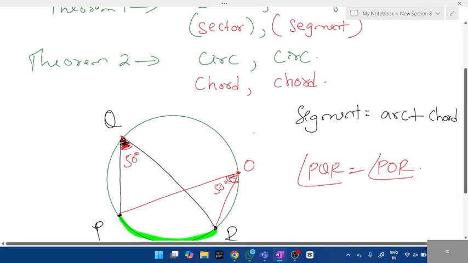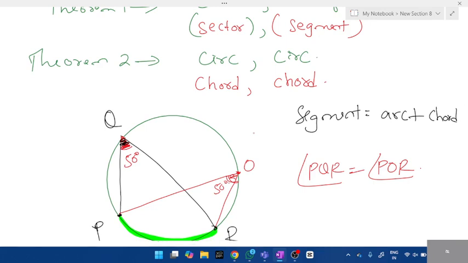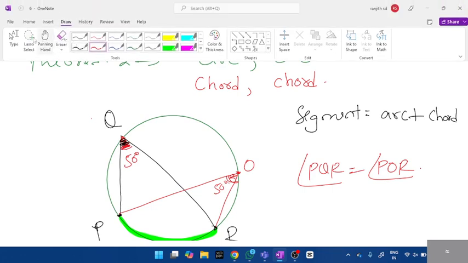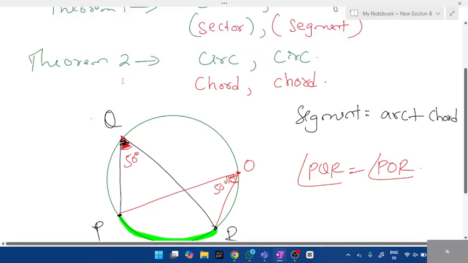Two segments are formed here. Okay, write it however you want. In the textbook, I'll tell you, I'll later mark what to learn. Theorem 2 is also done.